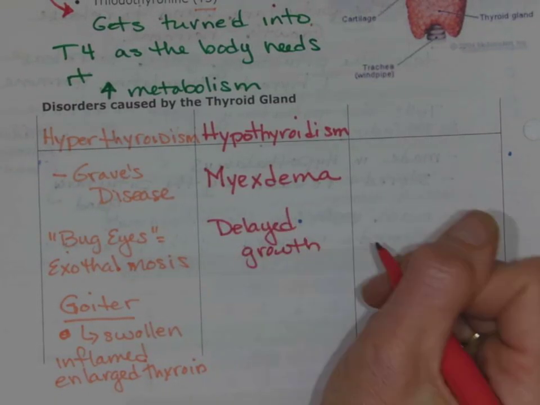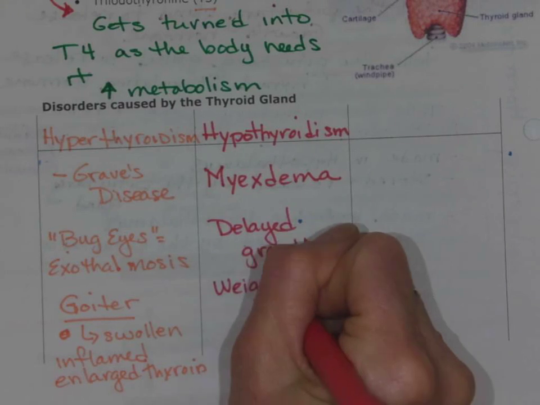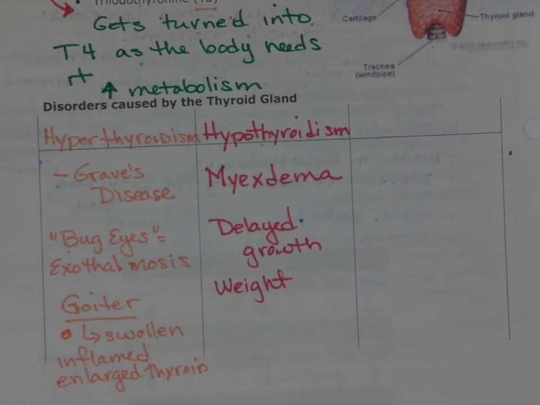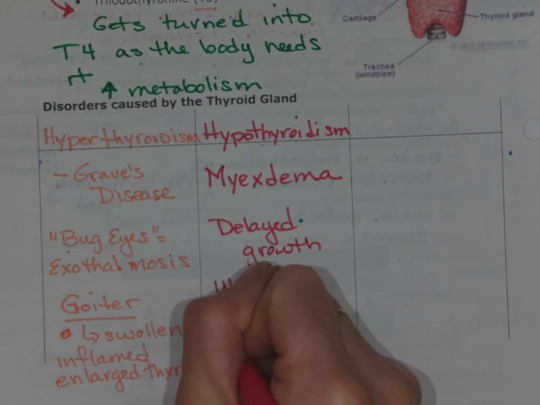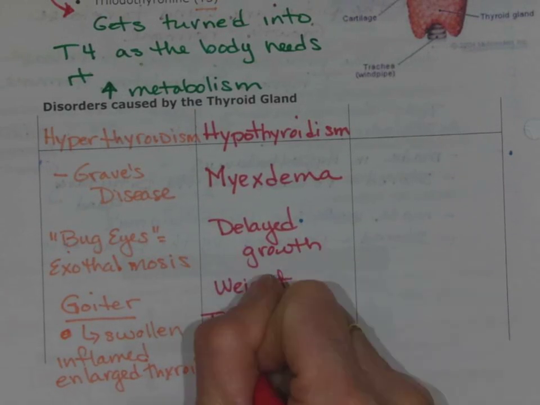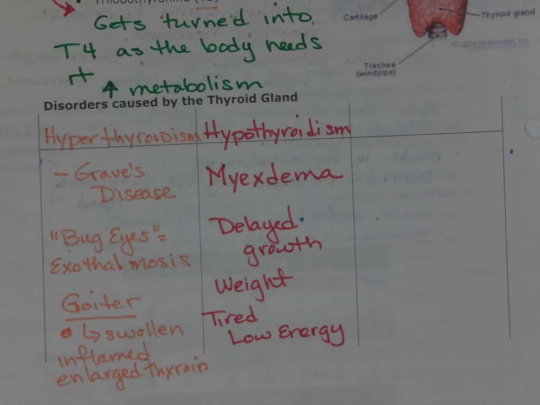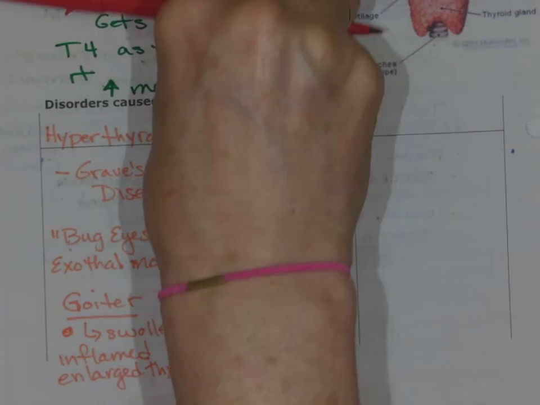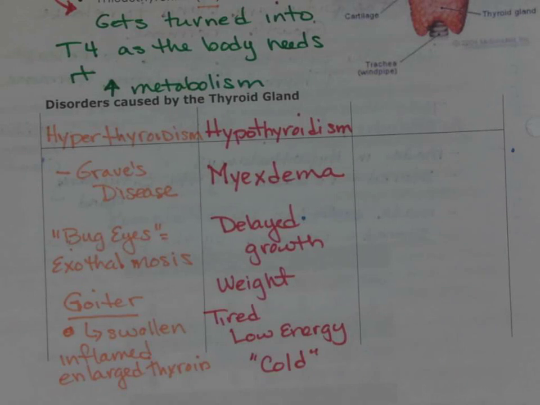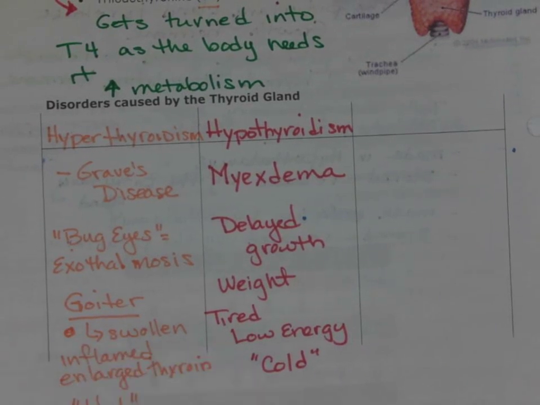They have very distinct facial features. They have weight gain because they're not secreting enough thyroid hormone, so just looking at the donut puts weight on them. They're very tired, and they have low energy, again, because they're just taking all their food and putting it into fat, and they're typically cold. People with hyperthyroidism are always complaining that they're hot. They're so hot because their body is just warm all the time.